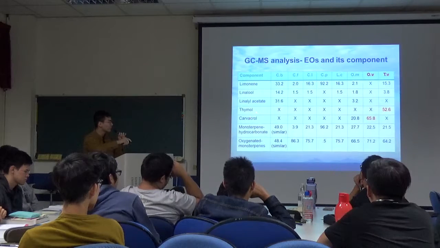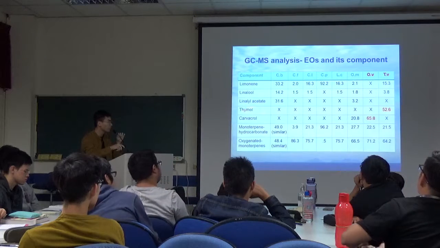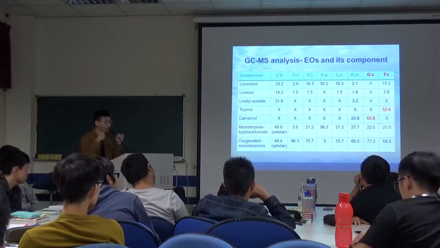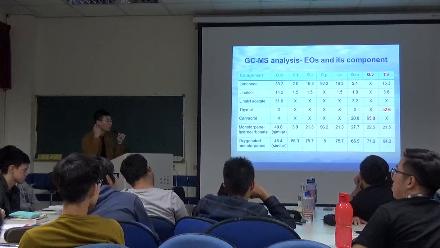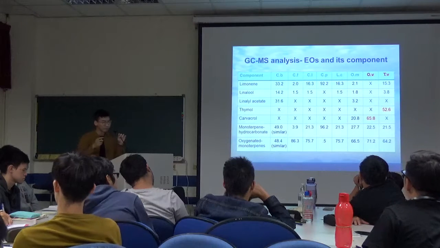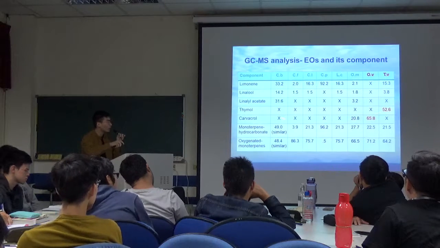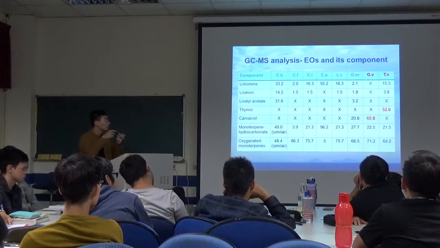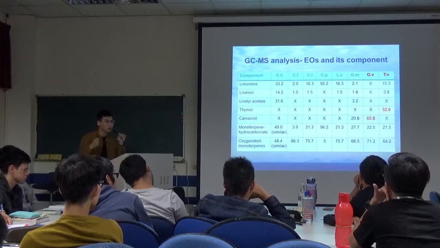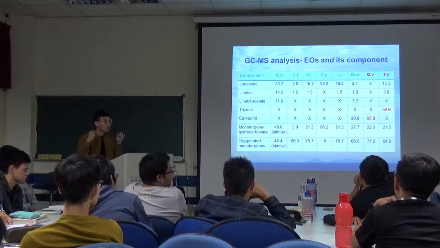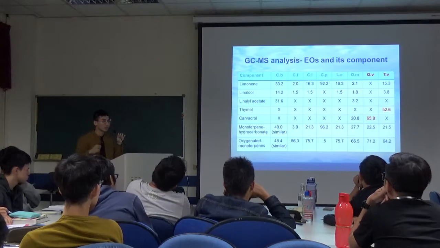And we know that thymol and carvacrol are the most important components that make TV and OV so powerful and so strong. But they also have some problems. These two components sometimes make fish sick and weak.